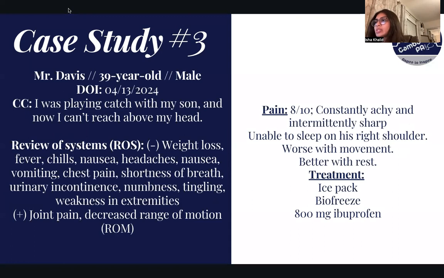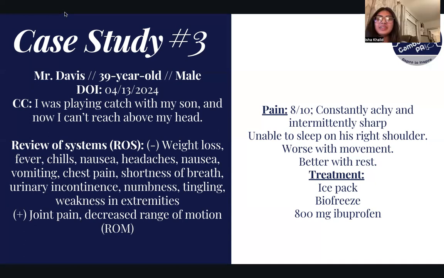For the review of systems, the pertinent negatives are weight loss, fever, chills, nausea, headaches, vomiting, chest pain, shortness of breath, urinary incontinence, numbness, tingling, and weakness in extremities. And then the pertinent positives are joint pain and decreased range of motion. My apologies. I was supposed to take out that nausea. I didn't catch that again.